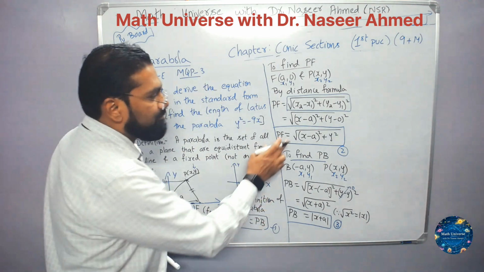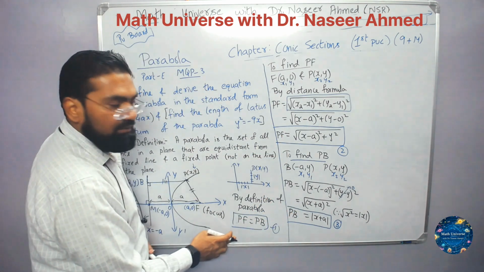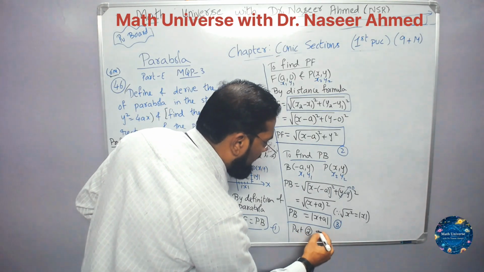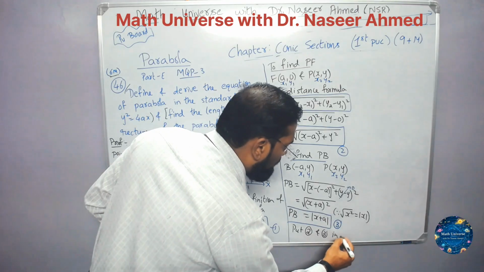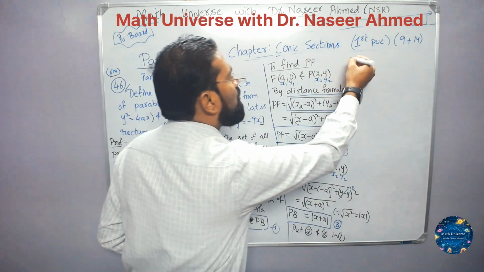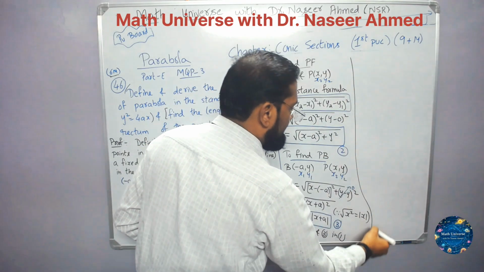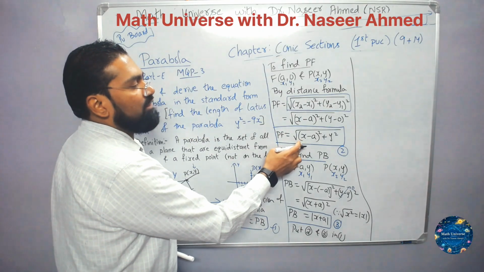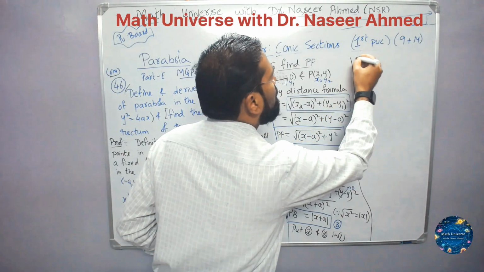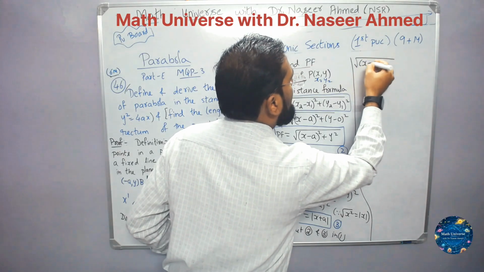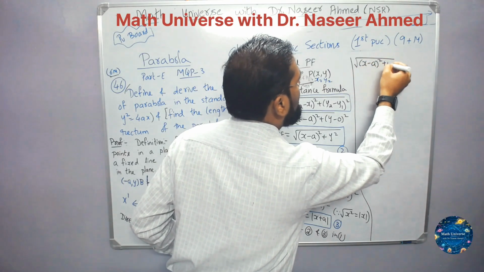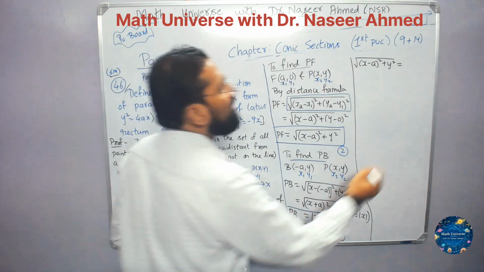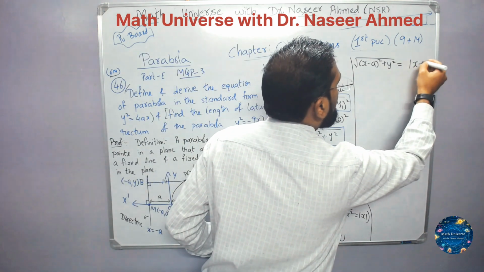Now let us substitute 2 and 3 in equation number 1. So put equation number 2 and 3 back in 1. When I do so, pay attention. What is PF? Square root of this. So the square root of (x minus a) the whole square plus y square is equal to PB, which is mod of x plus a.